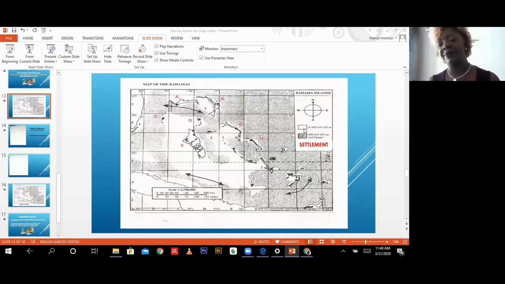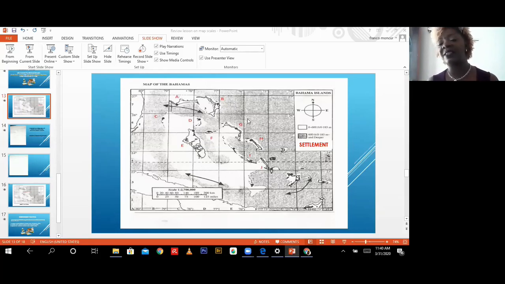If you notice in the map key here, we have the map of the Bahamas that has variation in color. It's not the best because of the way it's in the slide, but we can see that the map is different shades. You have this light area here, then you have this darker area here. Well, what does that mean?